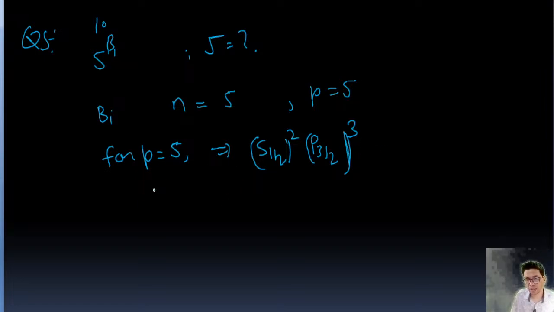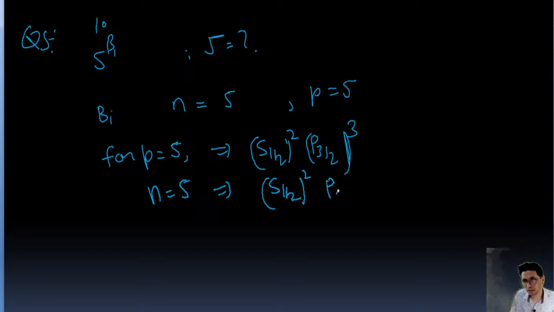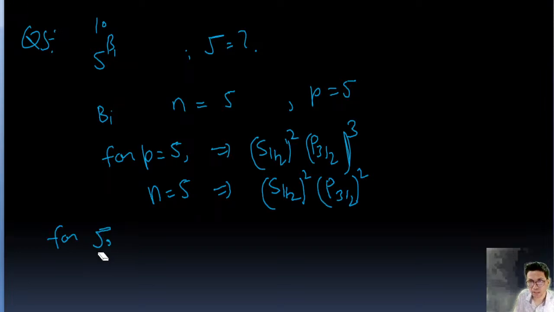So similarly for n equal to 5, the same configuration, because the number of neutrons is the same, right? s 1/2 to the power 2 and p 3/2 to the power 2, because a total of 5 are there. So the same configuration. From here, the value of J for p, Jp, I'm writing directly.